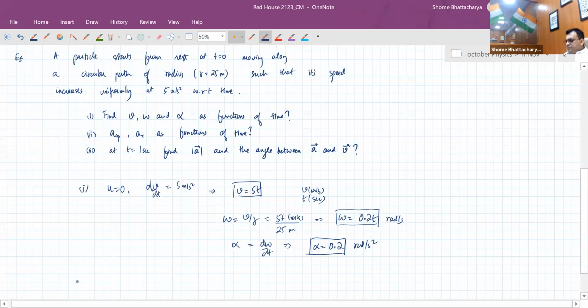So now let's come to the second part. The centripetal acceleration at any point of time has a magnitude of v square by r or omega square r, whichever. So you can see that the centripetal acceleration as a function of time here will just become t square.